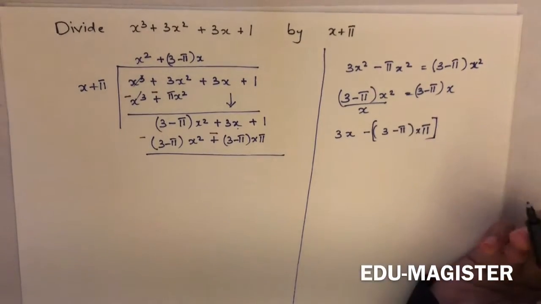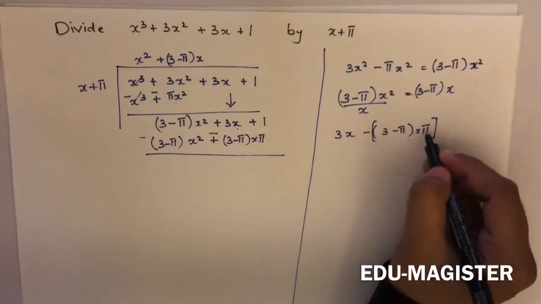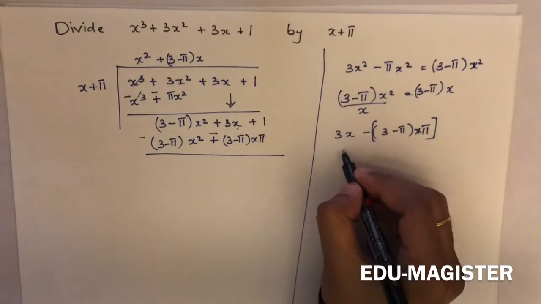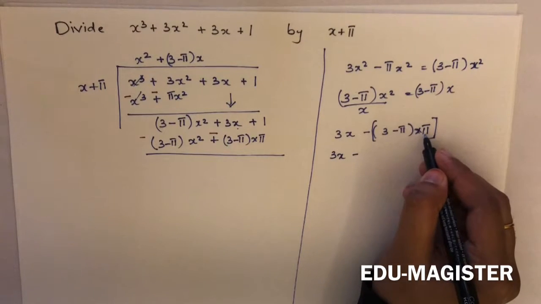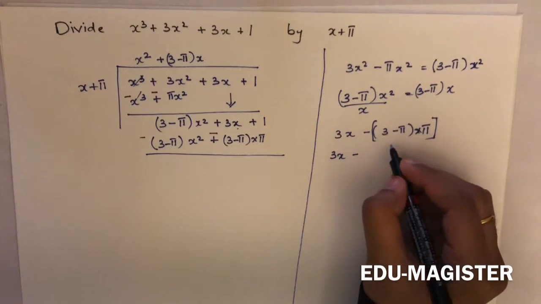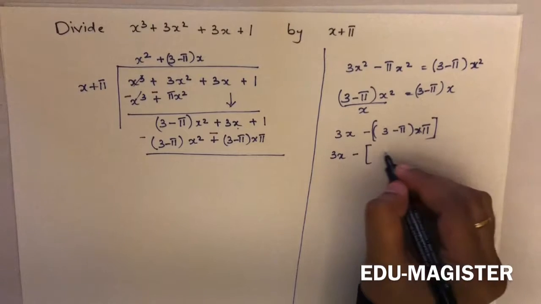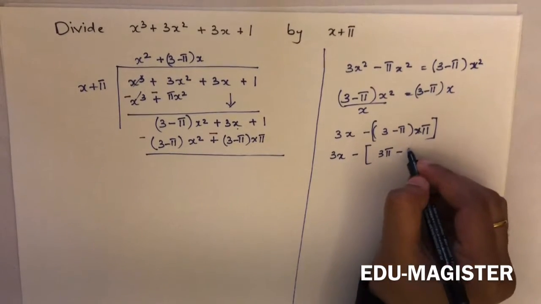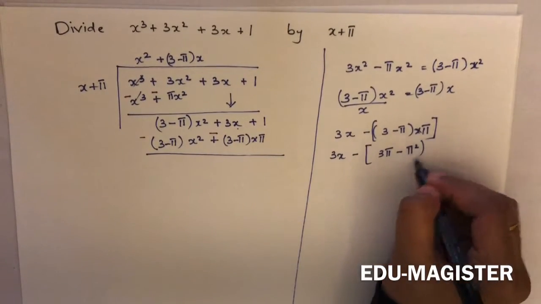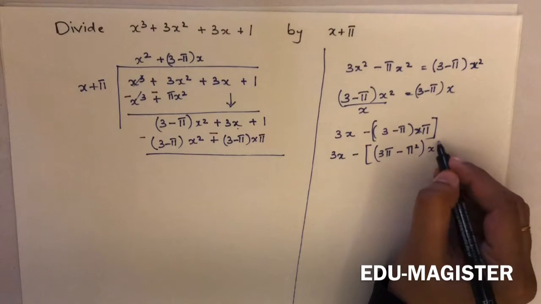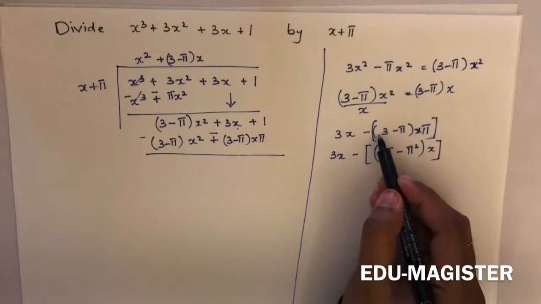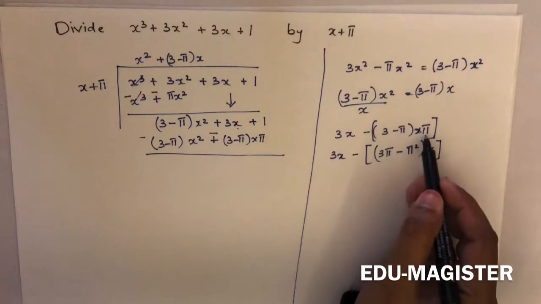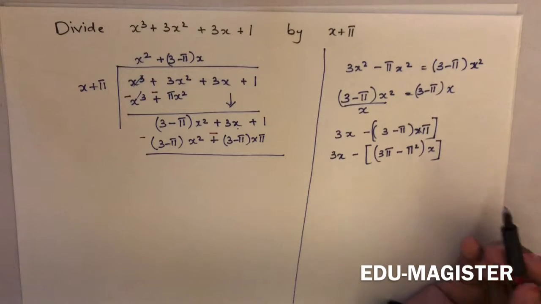Let me put the brackets, in order to avoid confusion, use the brackets. 3x minus, let's bring pi inside the bracket, that is 3 pi minus pi square, multiplied by x. I simply brought this pi inside the bracket, so that's 3 pi minus pi square.